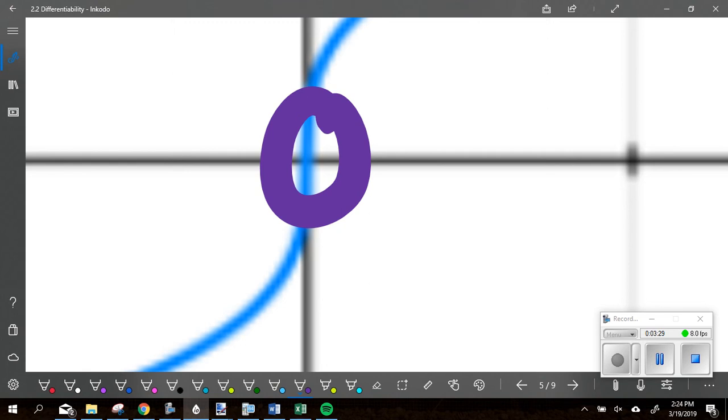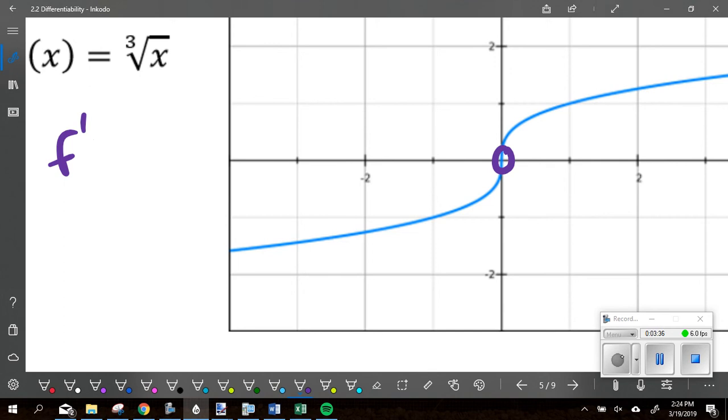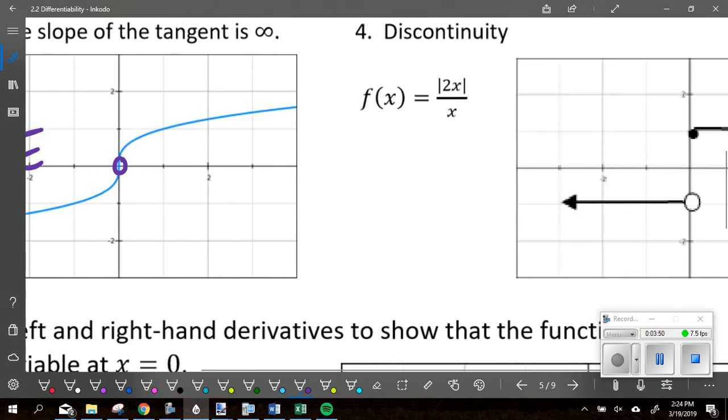It's undefined. You can't find the slope. It's undefined. There is no value. And so the derivative, f prime of 0 for this graph, because it's a vertical tangent line, because it's going straight up and down, it's going to be D and E. That one's hard to see. I don't love that question in this case because it's kind of a judgment call. At times you're having to make a decision there.